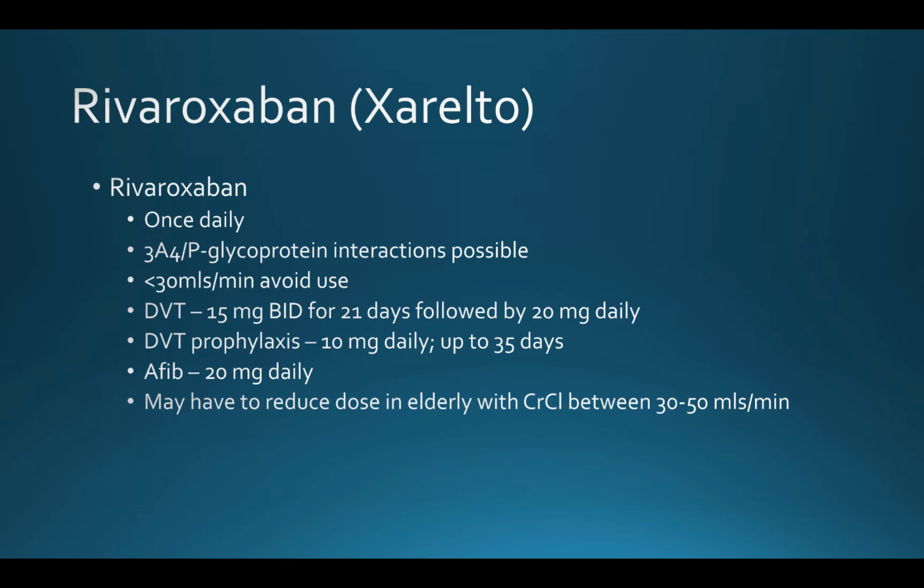They just say that the drug may accumulate more. So in an 85-year-old, it's very, very possible they'll have a creatinine clearance between 30 to 50. What do you do in that situation? It makes it hard to have good guidance on using this medication that way.